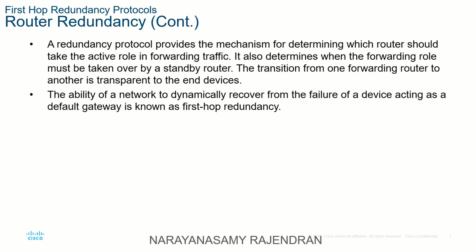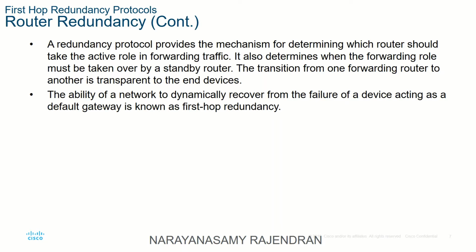As I said earlier, redundancy protocols like FHRP or HSRP provide the mechanism for determining which router should take the active role in forwarding the traffic. They also determine when the forwarding role must be taken over by a standby router. The transition from one forwarding router to another is transparent to the end devices.